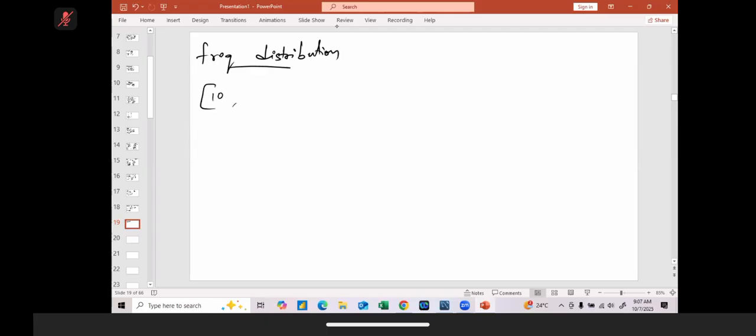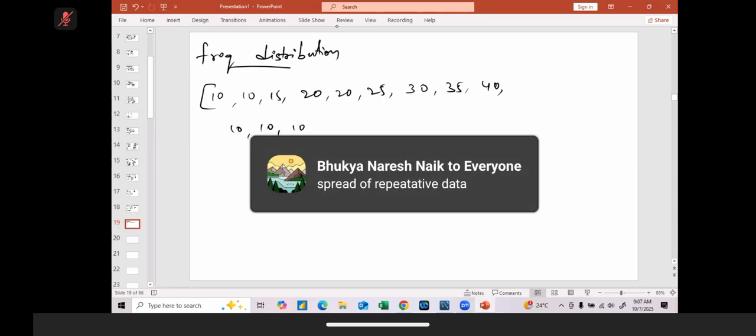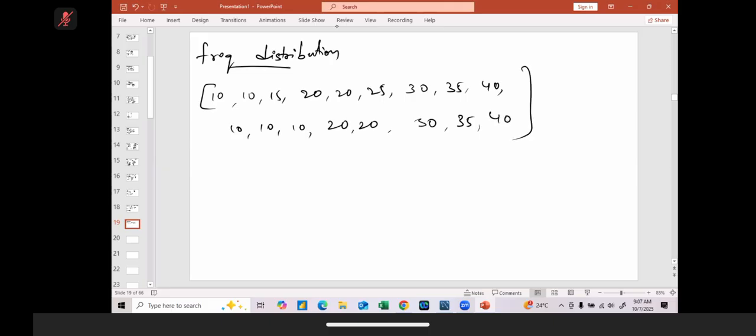Our data set is 10. Frequency distribution of this data set.